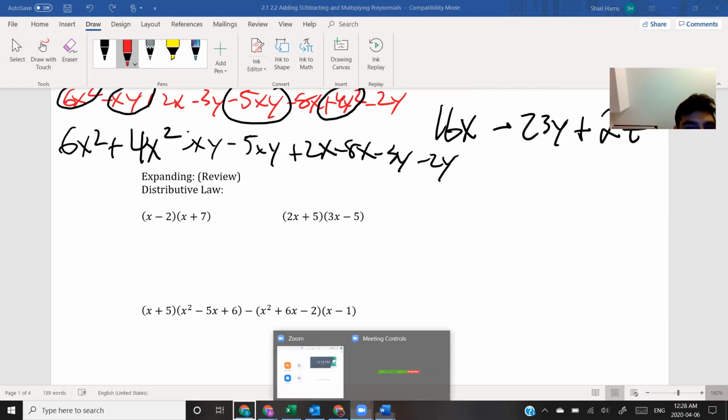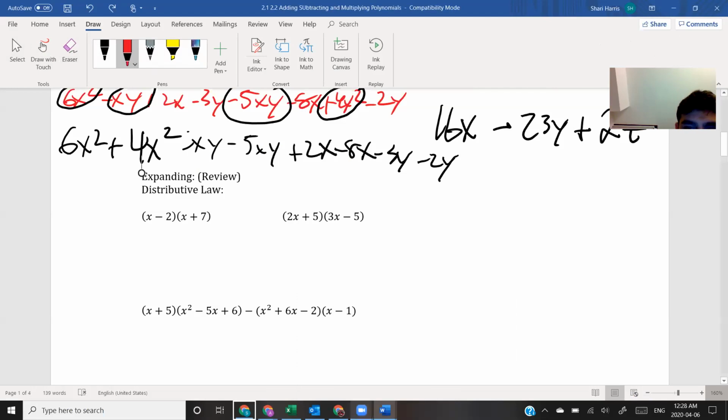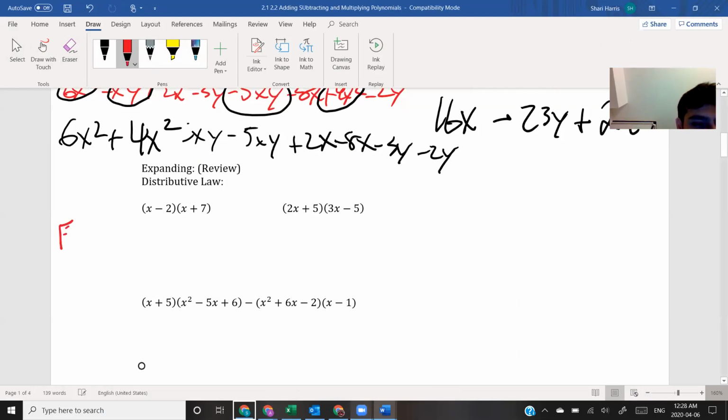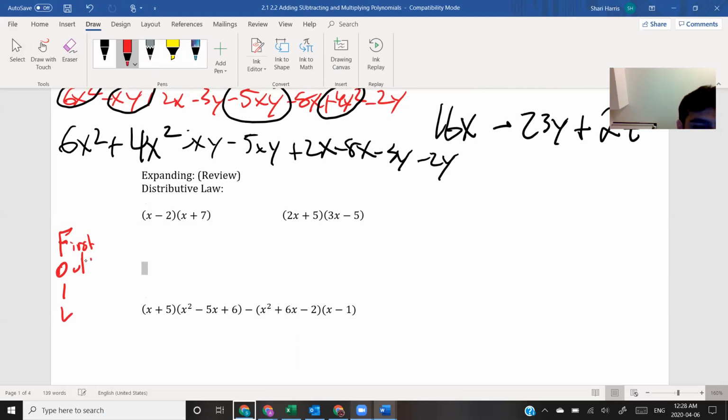But yeah, distributive property. So when we expand, we're going to FOIL. First, outside, inside, and last. So first, x times x is x squared.